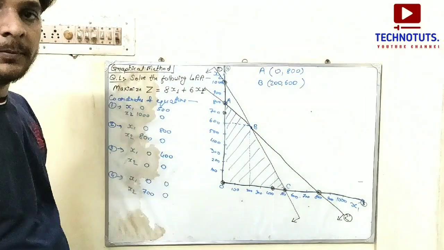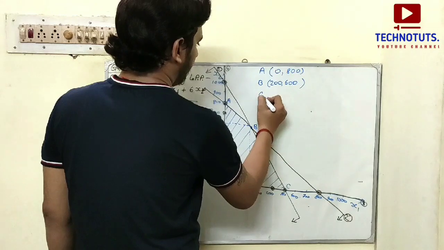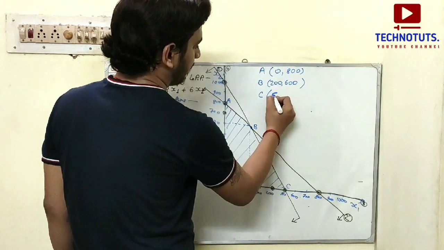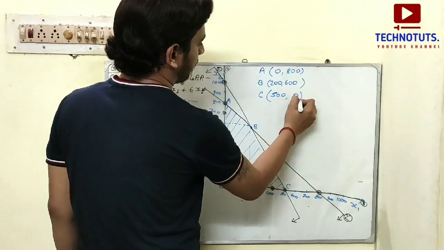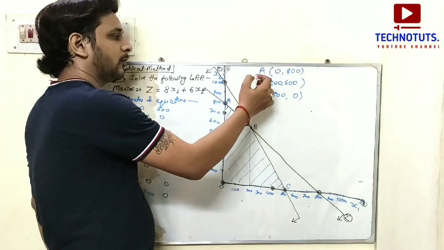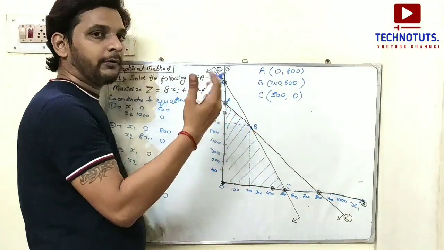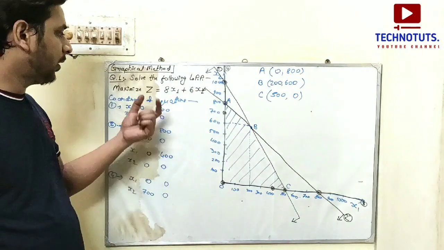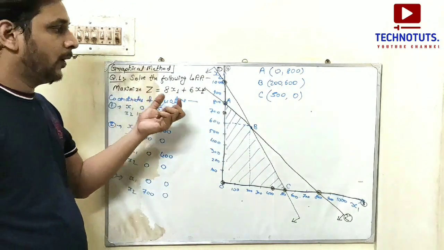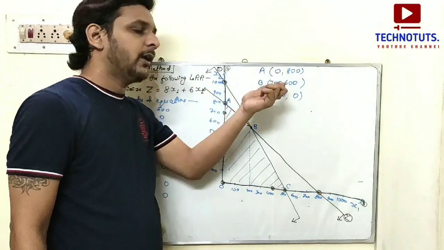And coordinates of point C are x1 is 500 and x2 is 0. Okay, so either at point A or B or C we will get the answer. What answer? We have to maximize z, the objective function. So the maximum value of z can be obtained at point A, B, or C.